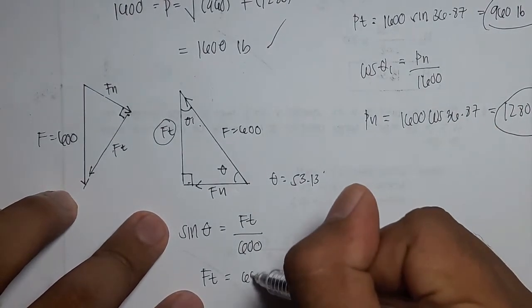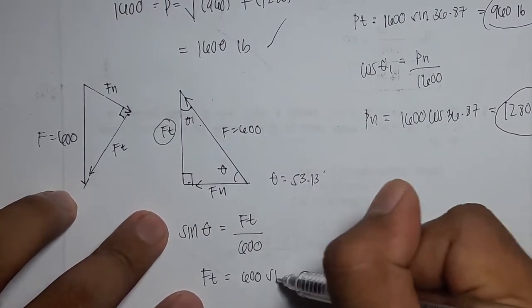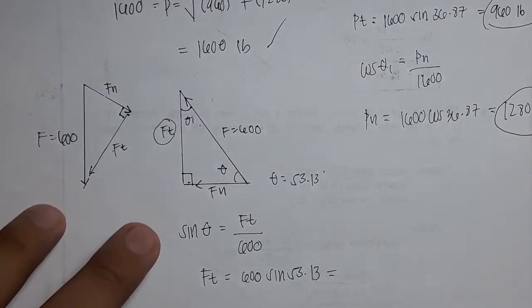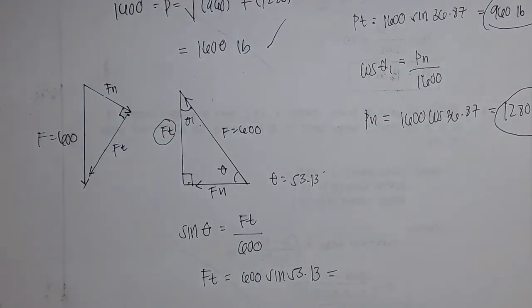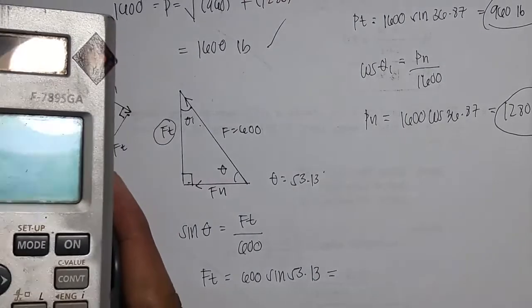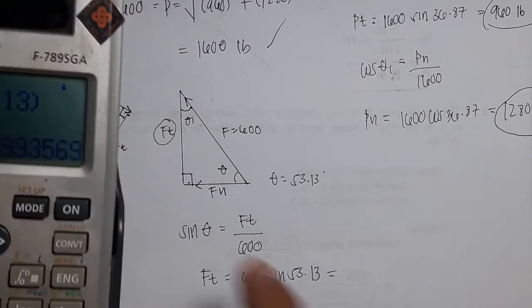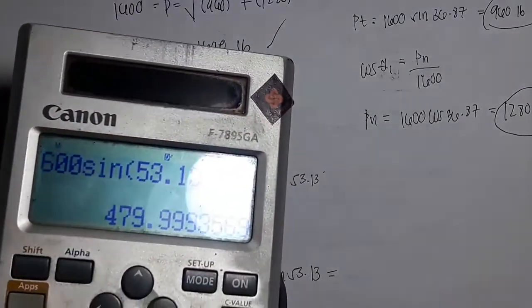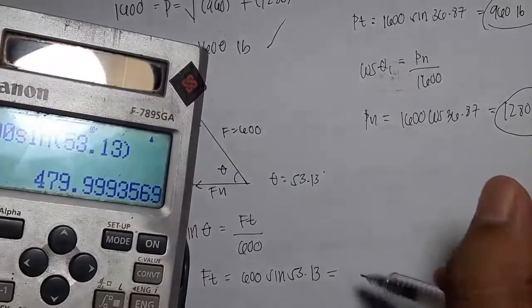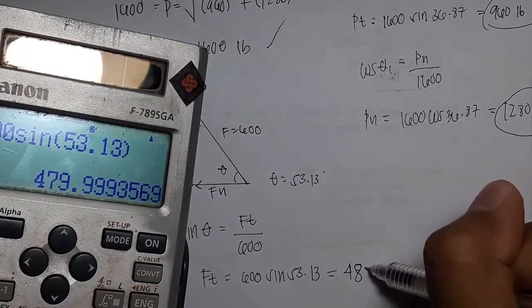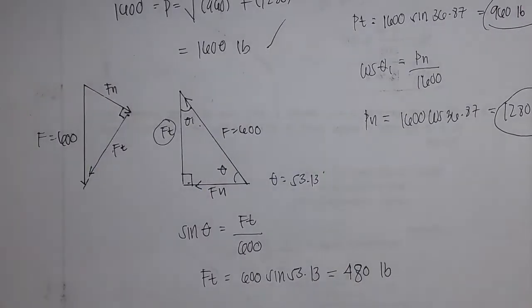So 600 sine 53.13 is 479.99, considered to be 480 pounds.